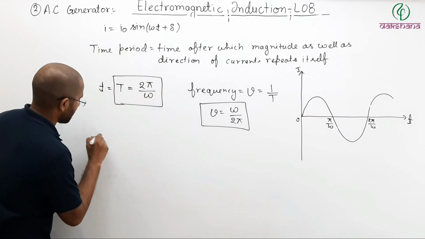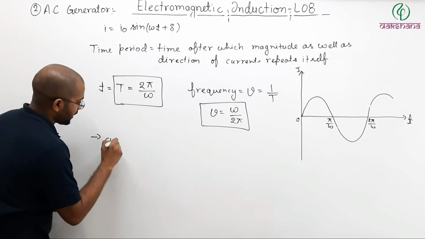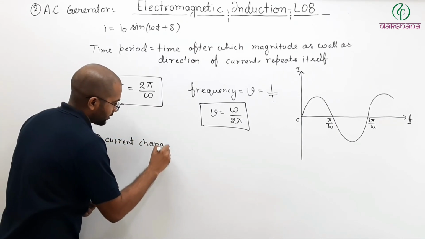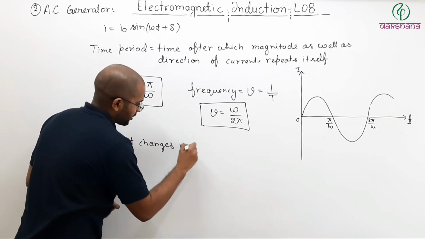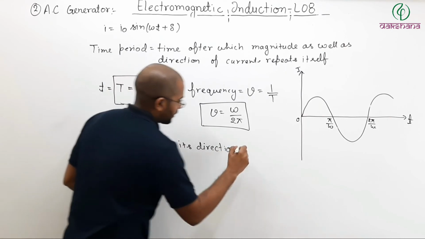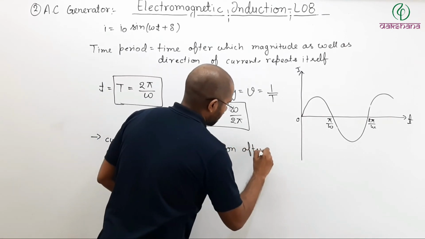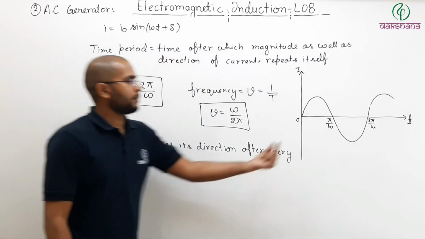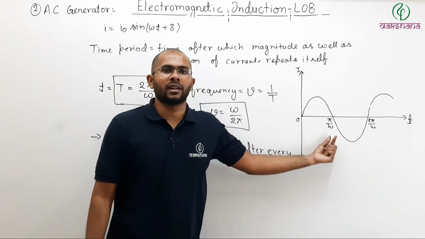How much time? So let us write that current changes its direction after every how much time? Pi by omega second. Why?